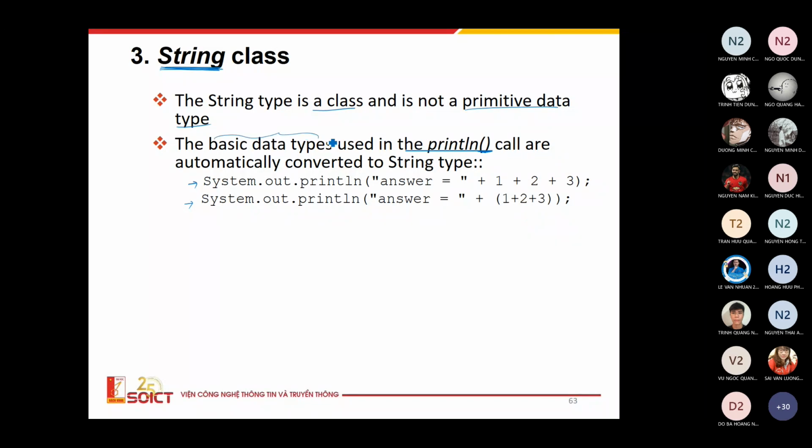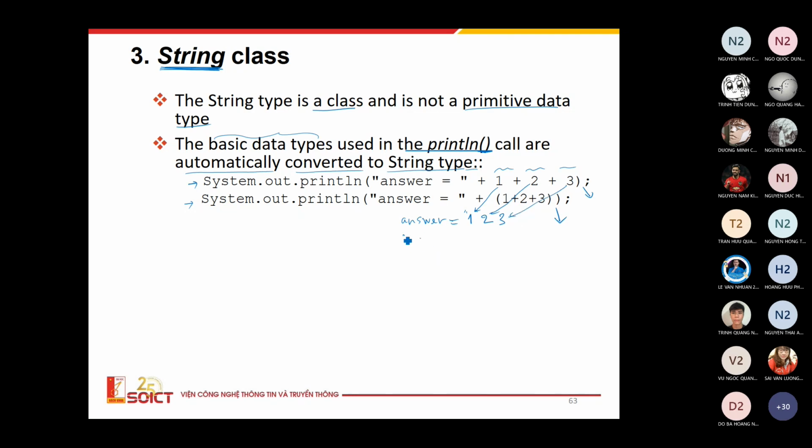The basic data type will be automatically converted to the string type. So can you guess what will be the output for these two commands? You have the basic data type here. Who can guess? For the first one, the answer will be 123, because each of the basic data types here is converted into a string.